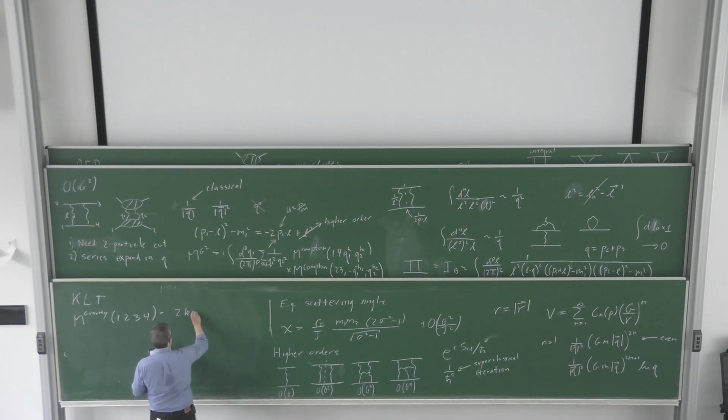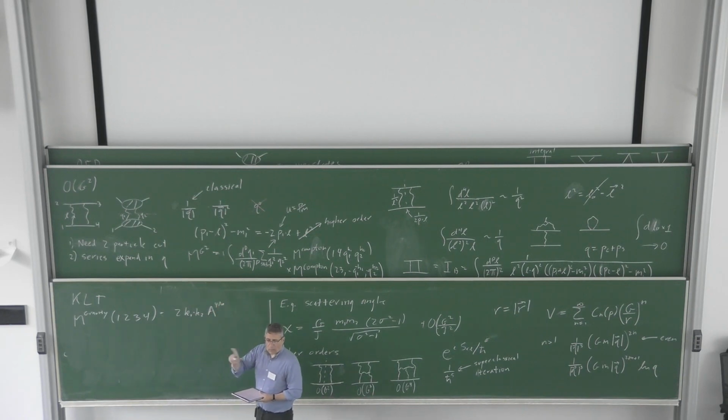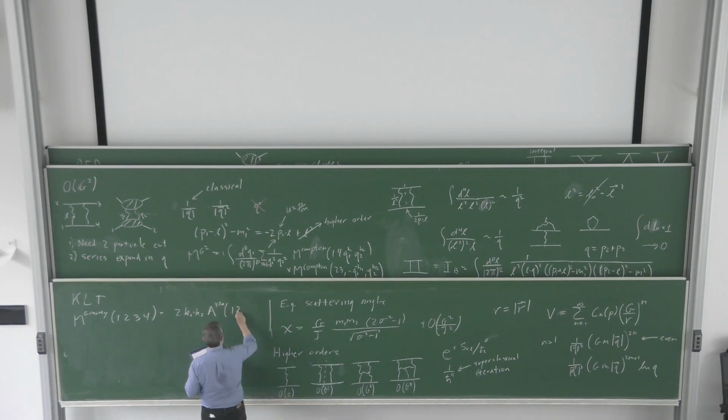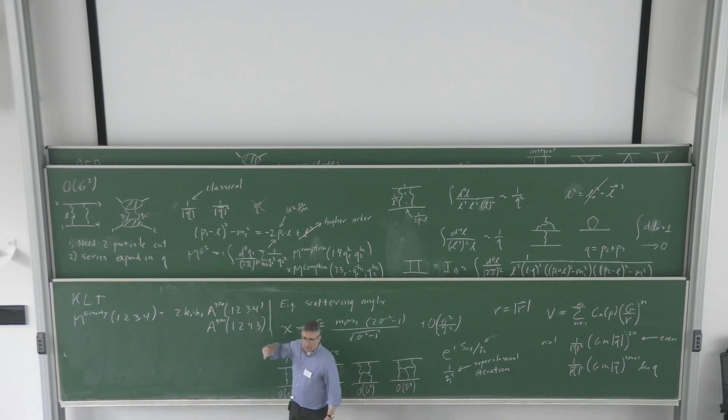2 K1 dot K2, and then not QED. Remember, it's Yang-Mills. The Kawai-Lewellen-Tye relations are for non-abelian gauge theory. 1, 2, 3, 4, and then Yang-Mills 1, 2, 4, 3. And remember, these are color-ordered amplitudes.